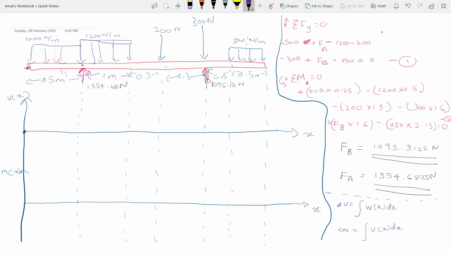The shear force is going to be a negative value here. So it is going down like this in a straight line. Let me erase that, it went too far.